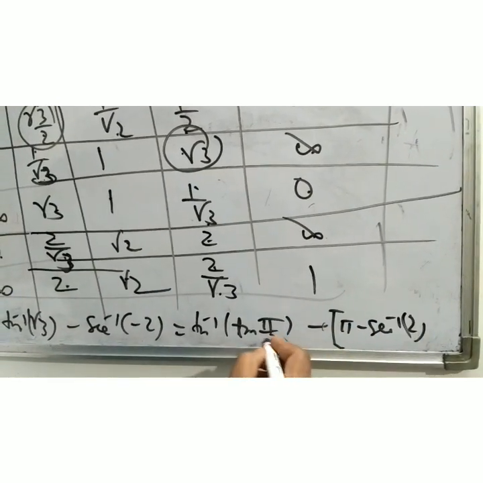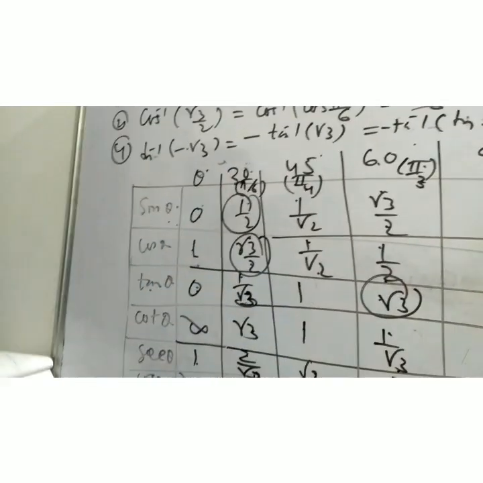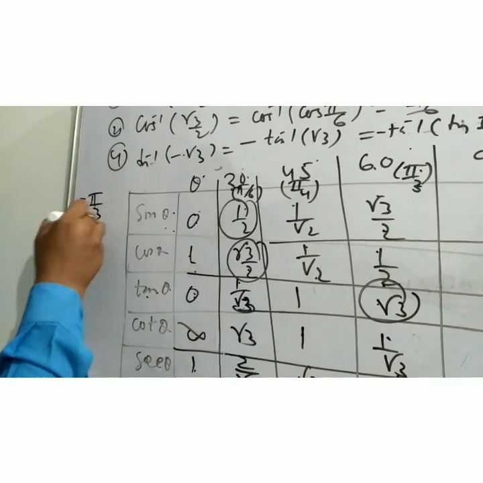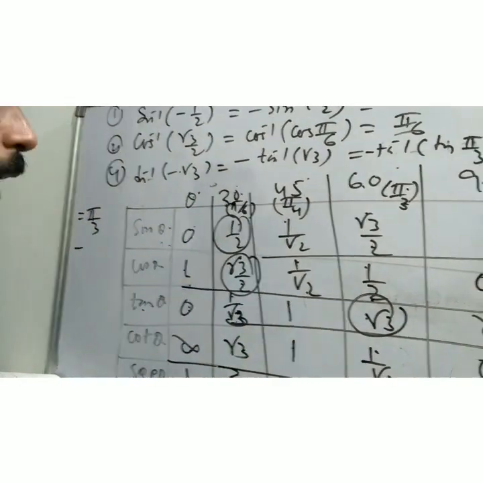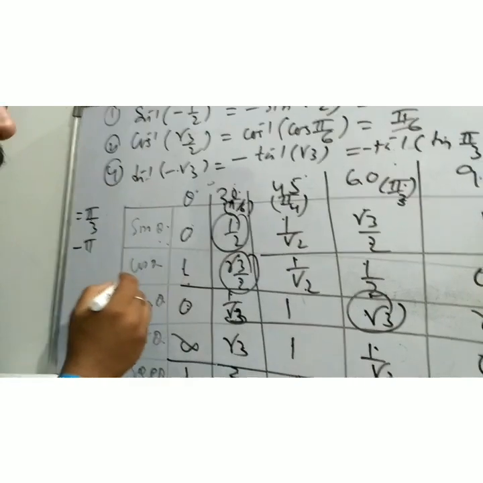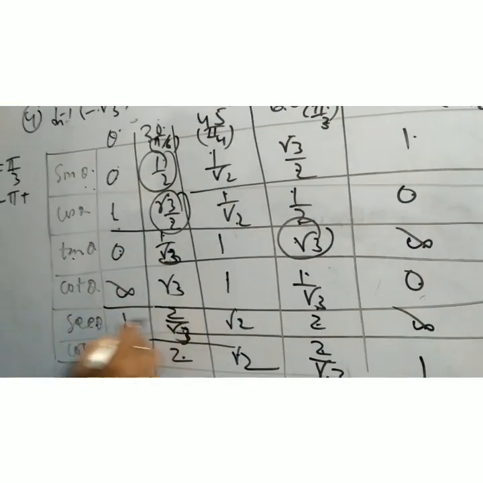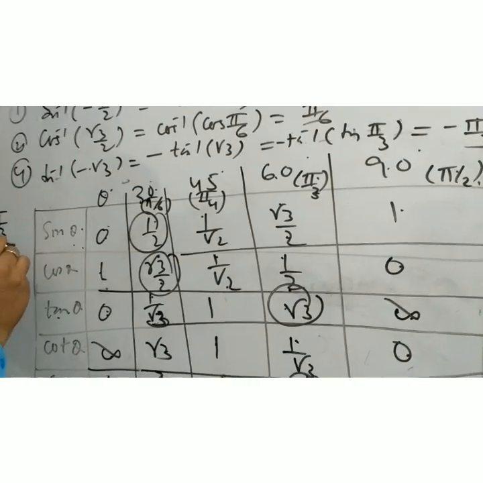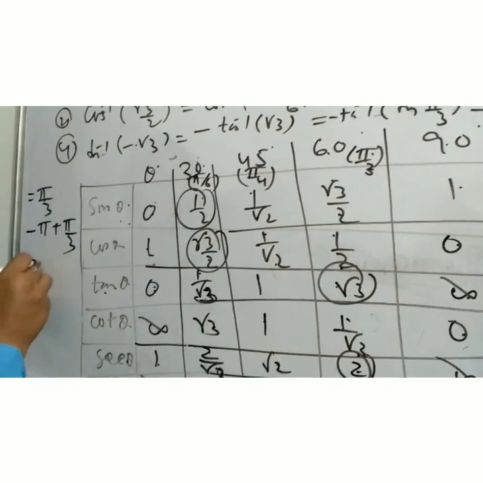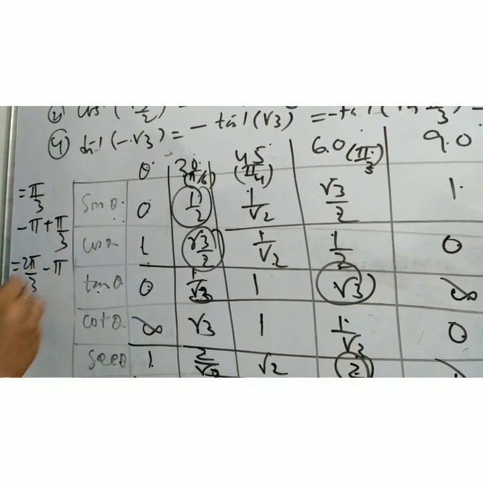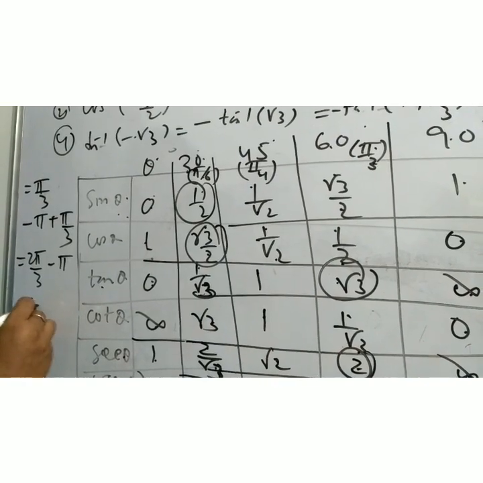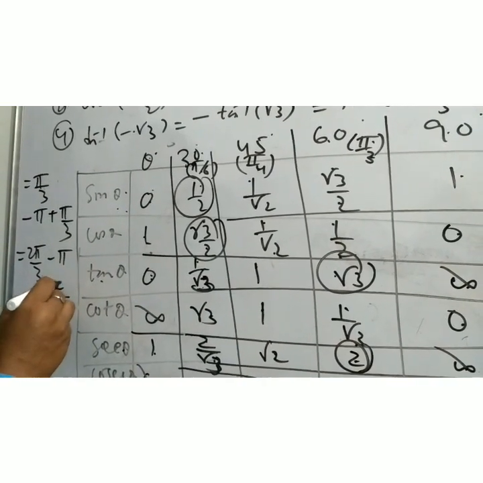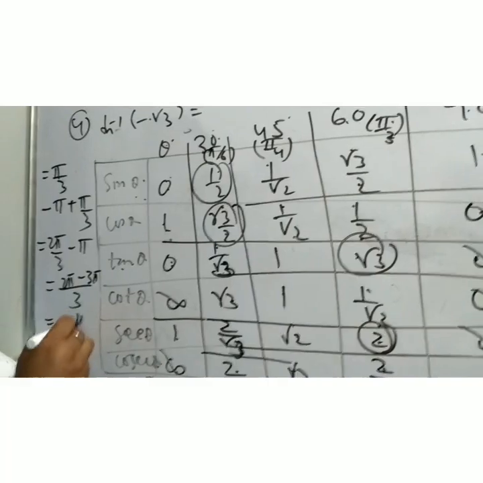What will that value be? The tan inverse cancels, it will be pi by 3, then minus, it will be plus sec inverse 2. Where is sec 2? That is also pi by 3. So 2 pi by 3 minus pi, that is equal to, with LCM 3, 2 pi minus 3 pi, that is equal to minus pi by 3.